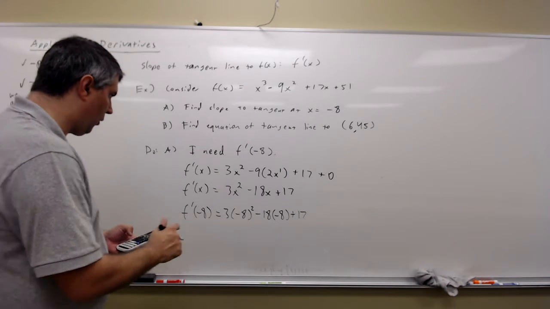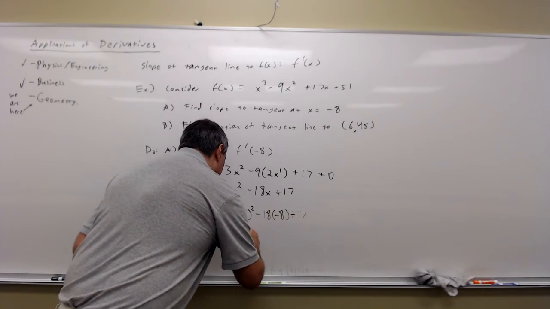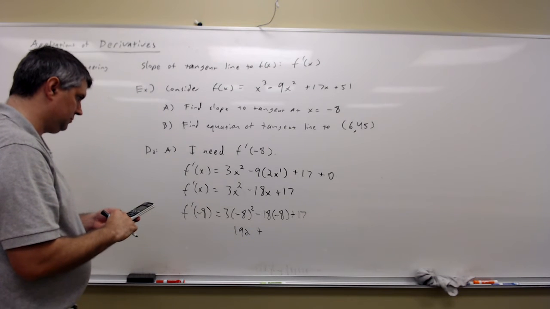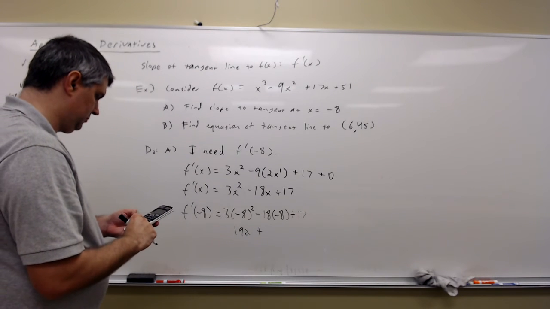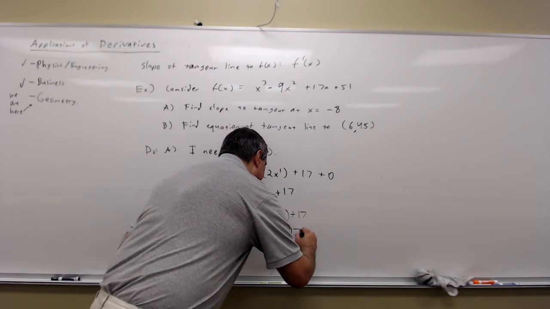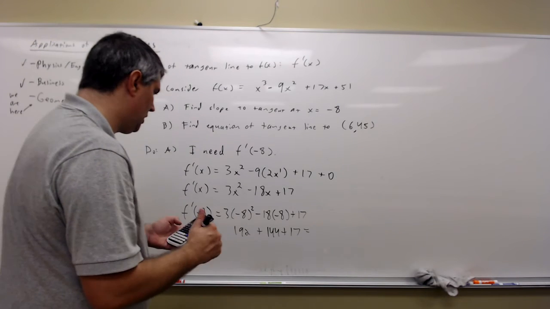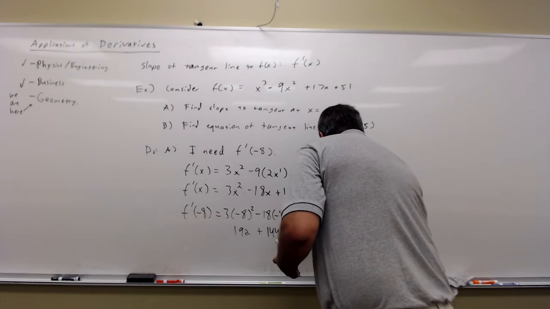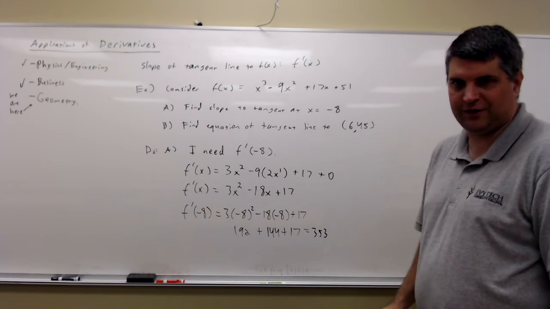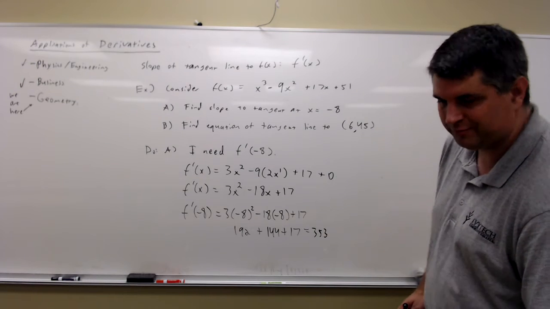So 64 times 3, 192, plus 144 plus 17, 353. Okay, so slope of tangent line would be 353. A really steep slope.